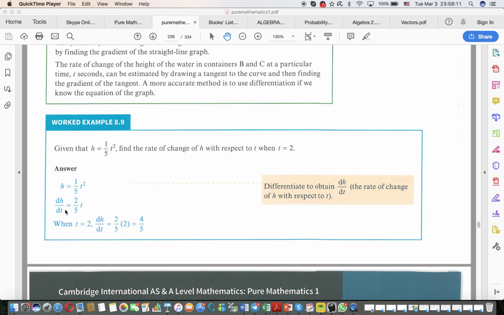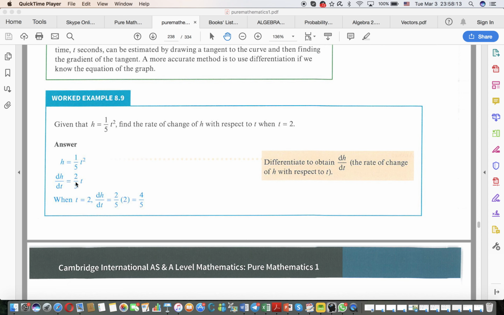You bring the power down, so it will be 2 over 5, and you subtract 1 from the power, so it becomes 2 over 5 t. When time is 2, it will be 2 over 5 times 2, which is 4 over 5. So what does this 4 over 5 mean? It means that when t changes 1 unit, h will change 4 over 5 units.